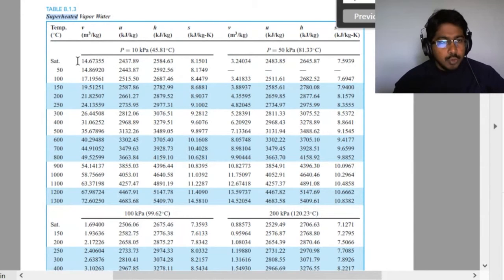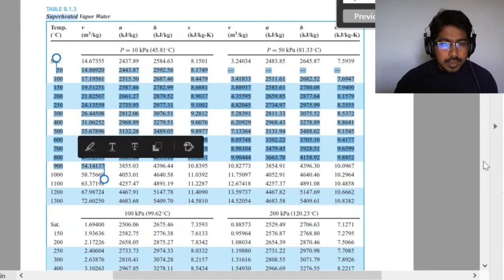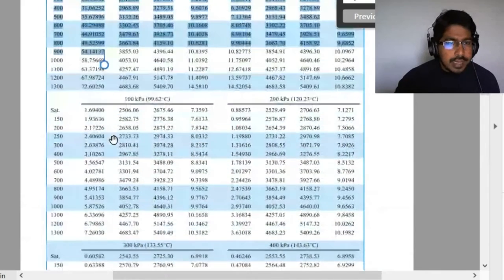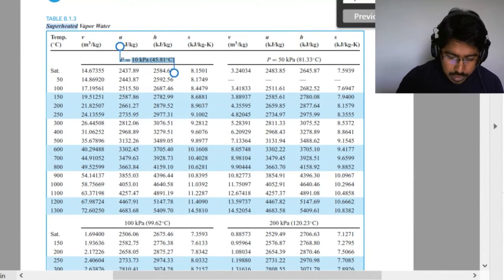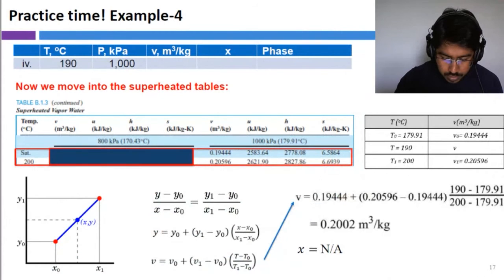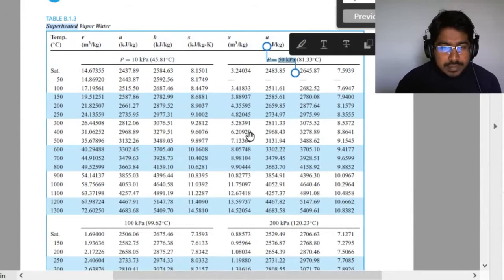Unlike the saturated water tables, we have a different setup. We have a temperature column, and on top of each block of the table we have a pressure value. So our first goal is to find the applicable pressure reading for our case, which I remember to be 1000 kilopascal, right?